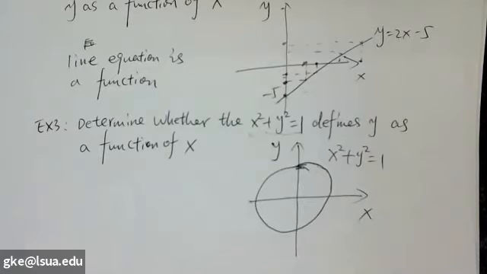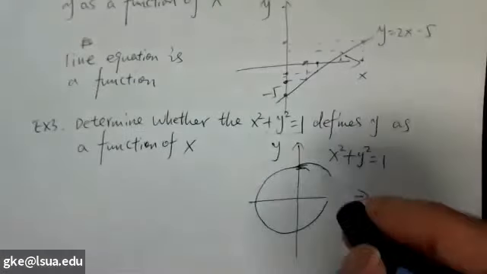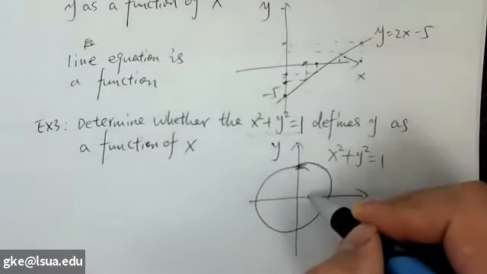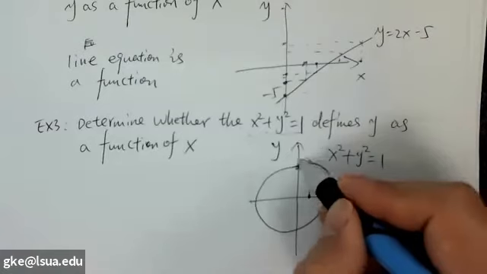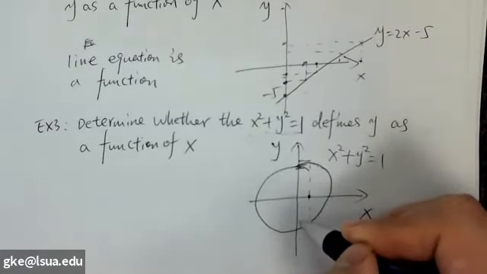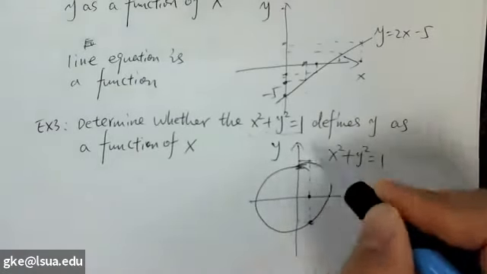Yes or no? No. Okay, good job. The answer is no. Why is that? Because when you pick one x, you can always find two y values.